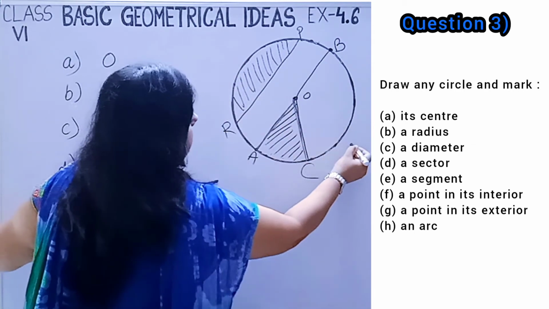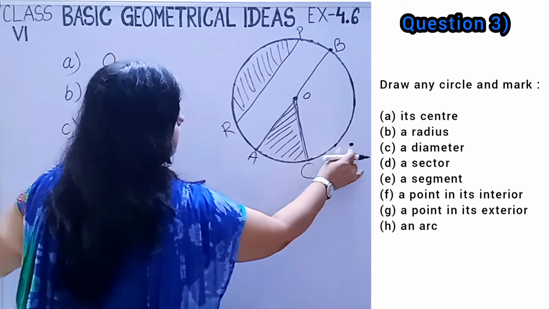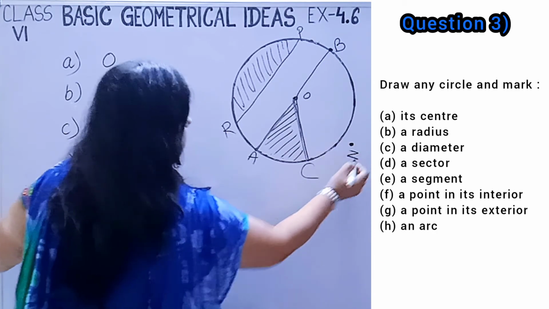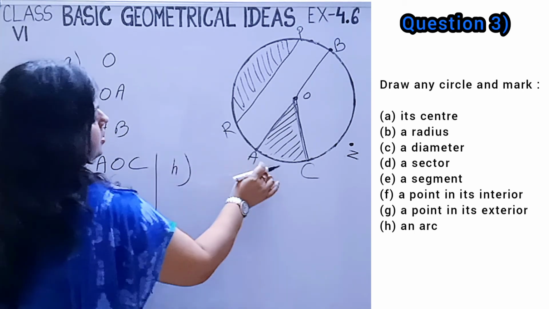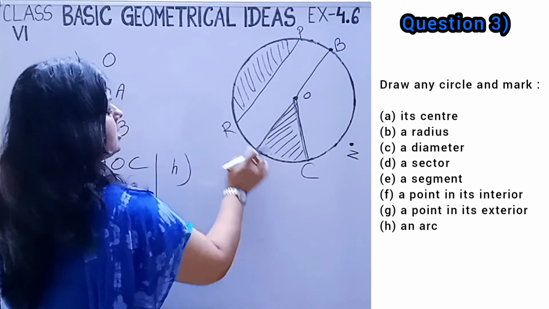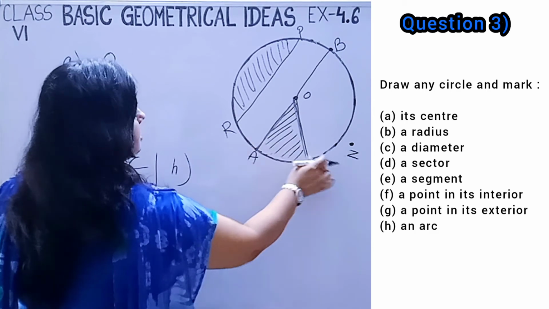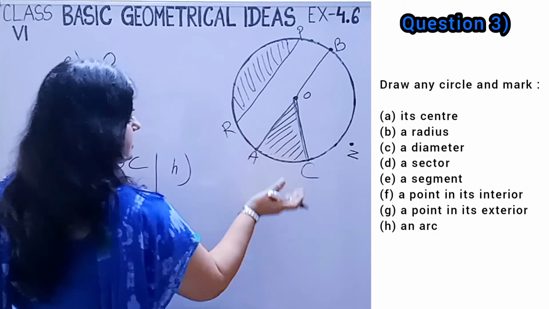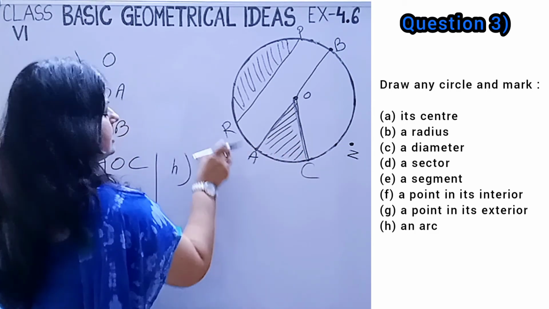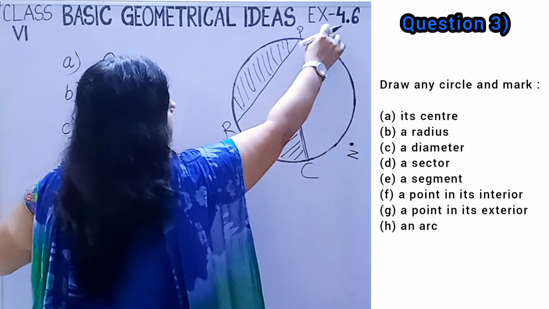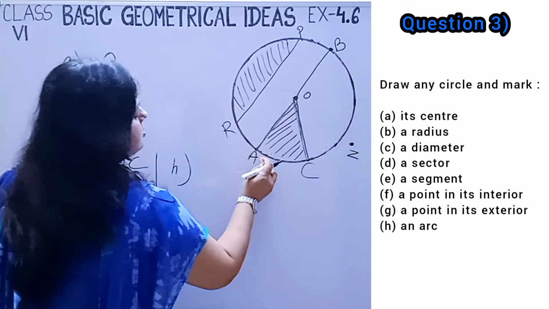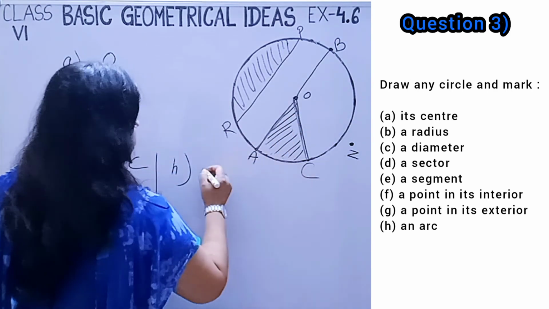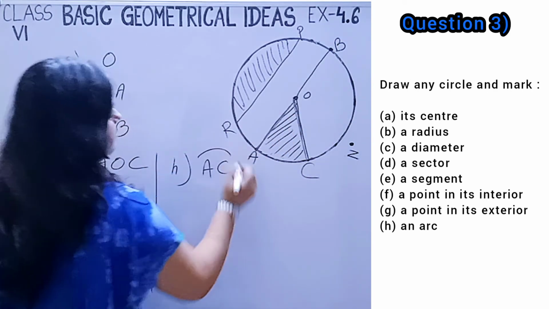So here this is exterior point Z. H, two points lying on the circle. AC is an arc, RA is an arc, CB is an arc, BP is also an arc. So I am taking the name AC, arc.